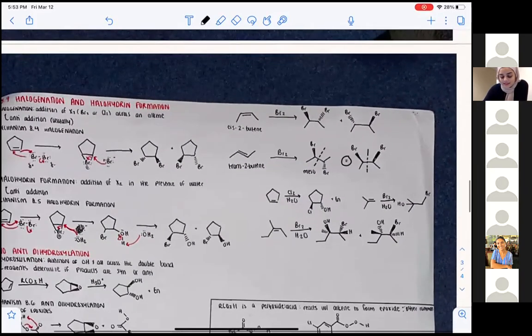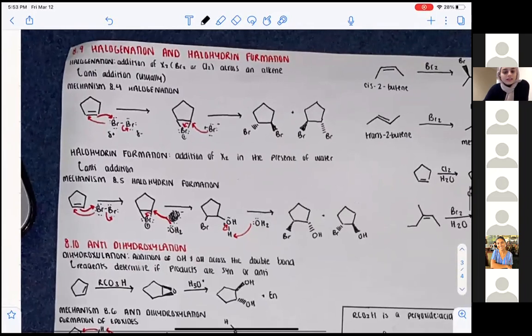Okay. But at the end of the day, if we see this question normally and one of the options has anti-addition with these beautiful enantiomers, pick that one, in my educated opinion. Okay, so over here we have halohydrin formation, and that's the addition of our nice little halogens in the presence of water.